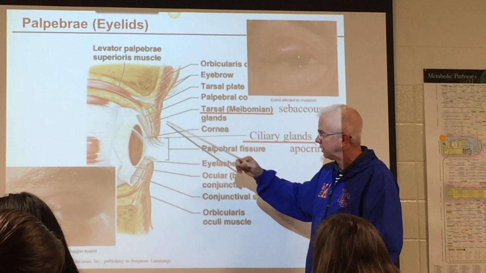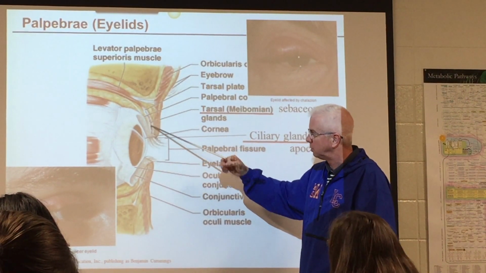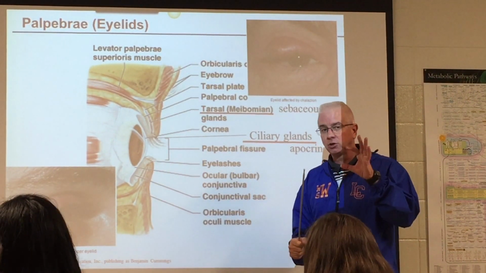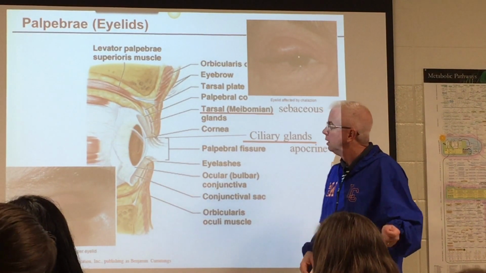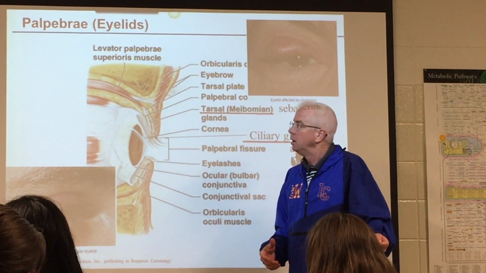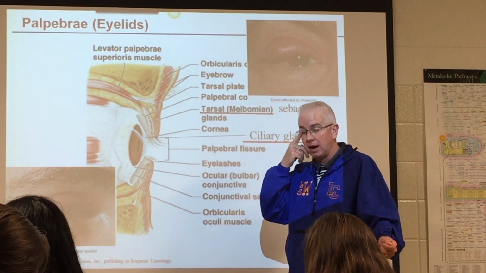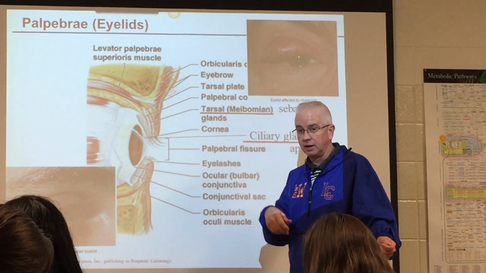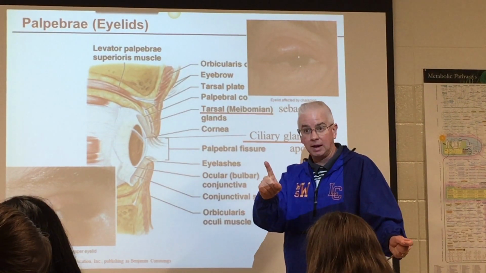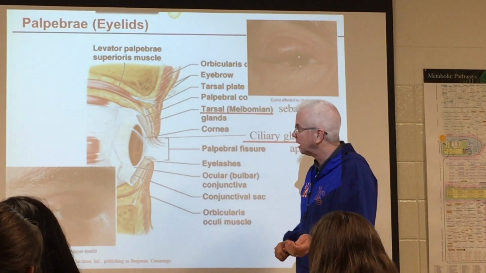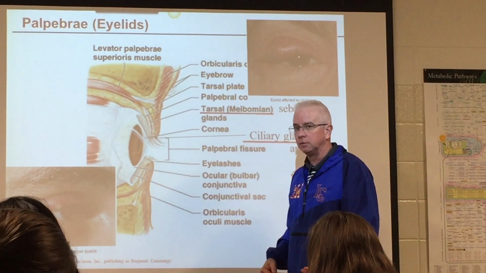That is where the tarsal glands are, but there's also a piece of smooth muscle here in the eyelid that actually contracts reflexively when the eyelid is open, and it helps to keep your eyelid open. It's actually innervated by the superior cervical ganglia of the sympathetic nervous system. We'll come back to that in just a moment. This guy, the smooth muscle that's here in the eyelid, helps to do that.